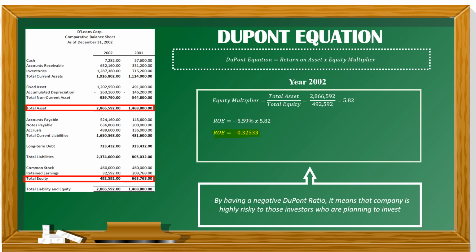By looking at its equity multiplier, the company is really highly leveraged, and the company is not very efficient in using its assets to generate more profit, because it has a negative 5.59% return on asset.